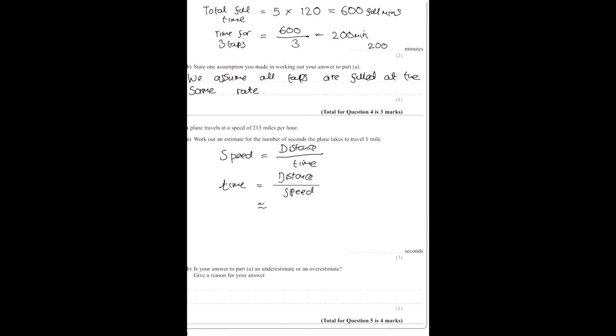Your distance is 1 mile. Your speed is 213 miles per hour, which we'll say is roughly 200.